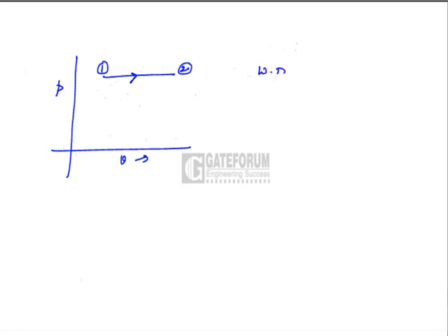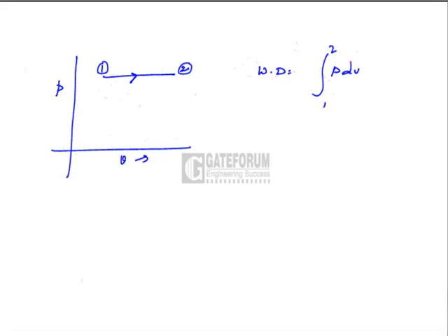Indicating the process on PV plane, it appears as a horizontal line because pressure is constant. The heating gives the arrow rightwards, the cooling will give the arrow left side. The heat supplied to the gas is given as mCp delta T, whereas the work done is calculated from integral PdV.